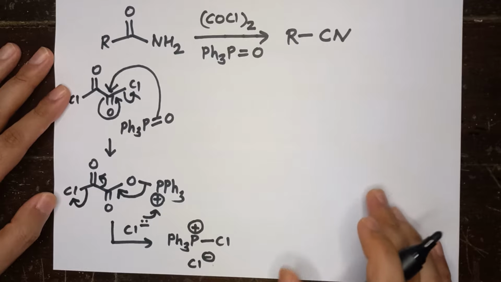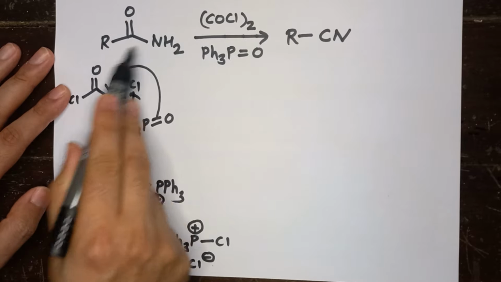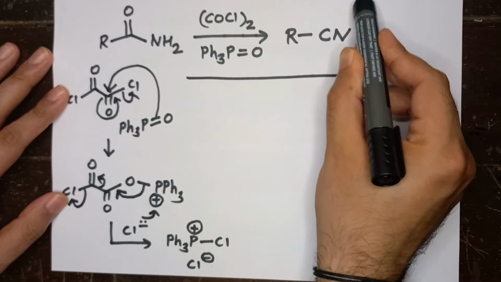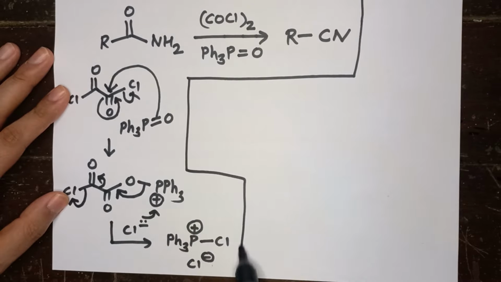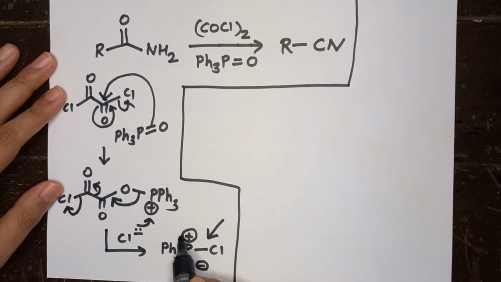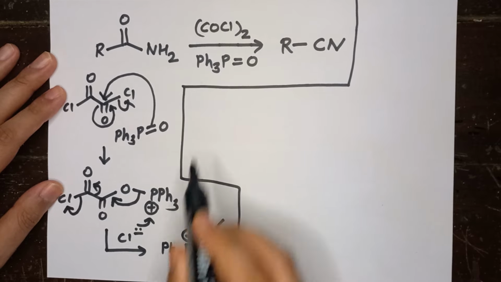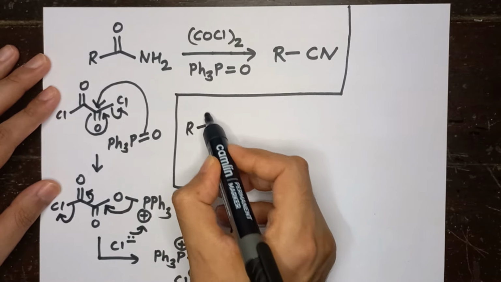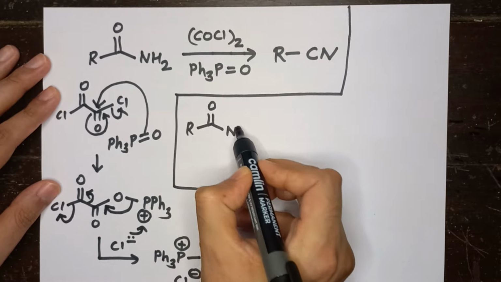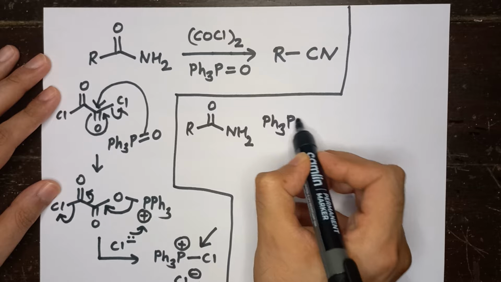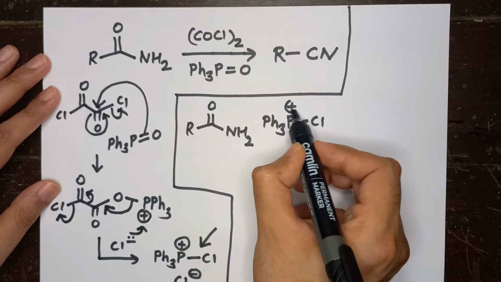Now we have an amide, right? So let me make some space. Okay, so we have generated this reactive intermediate and we have an amide. So this is my amide and we have just generated this particular intermediate.